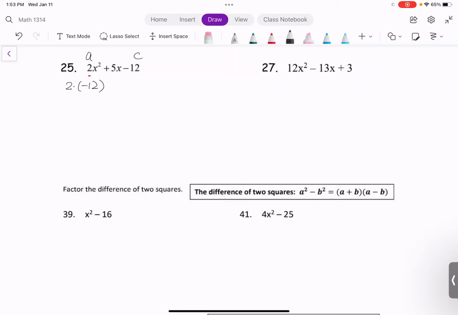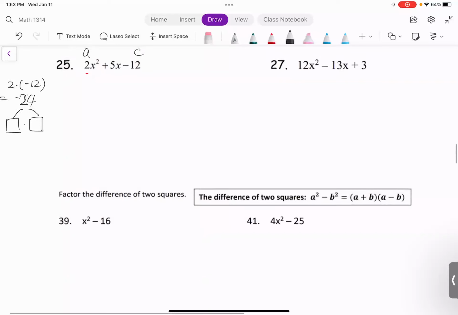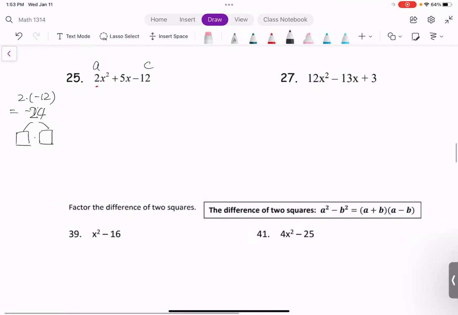I can move them to another side to leave more space. So A times C is 2 times negative 12, which is negative 24. Find two factors of negative 24 whose addition can make 5. What are they?